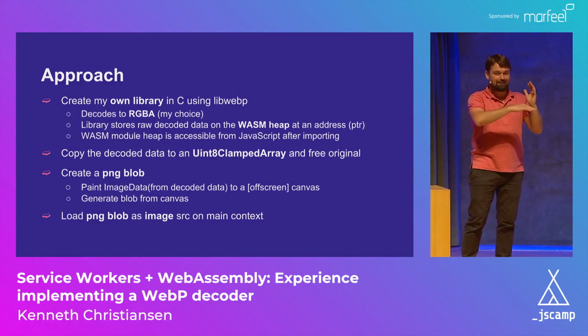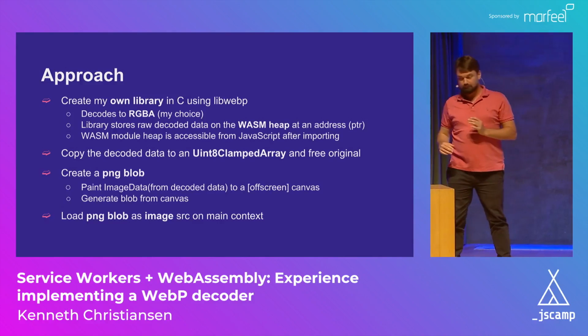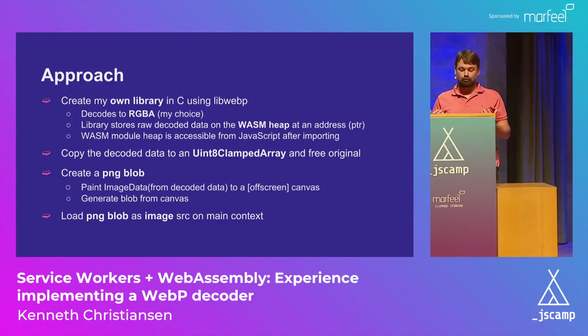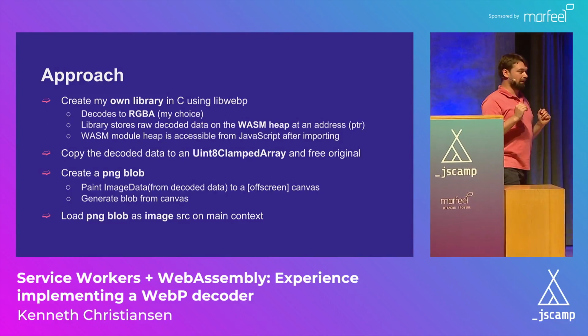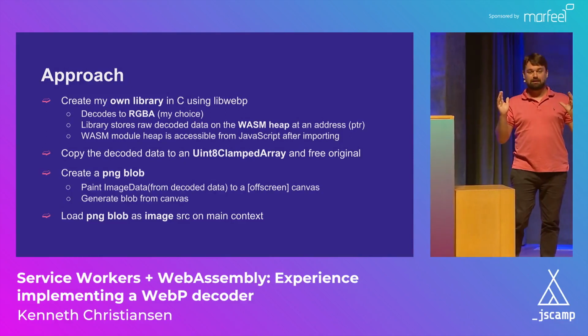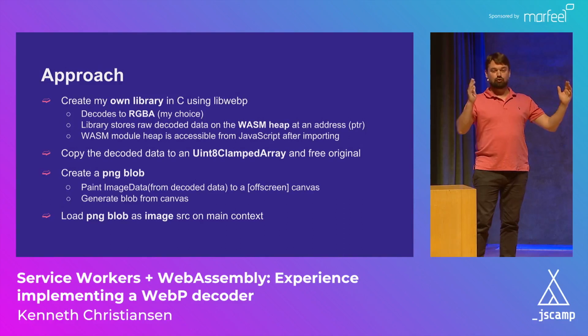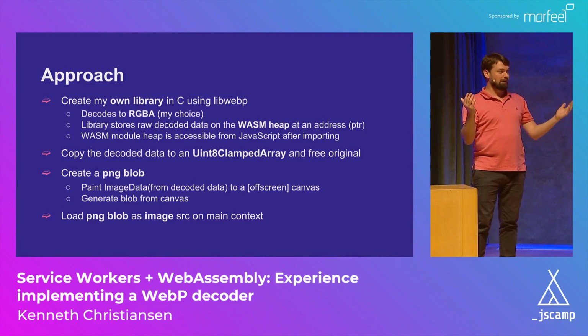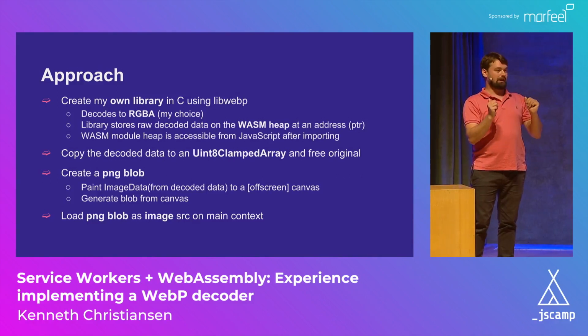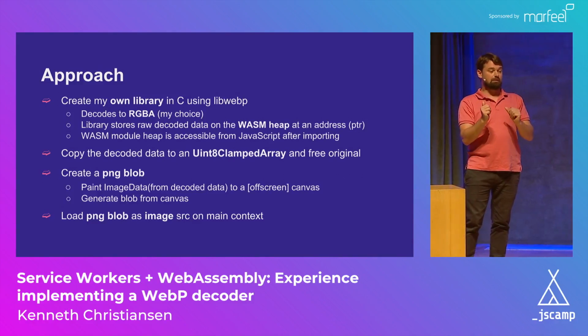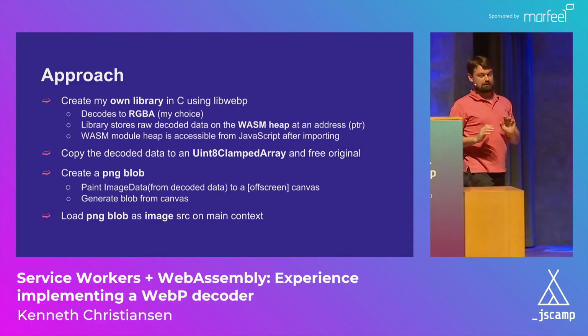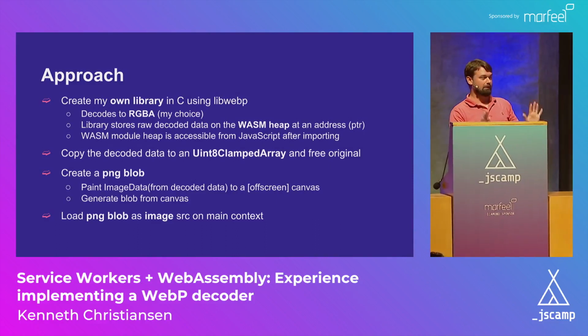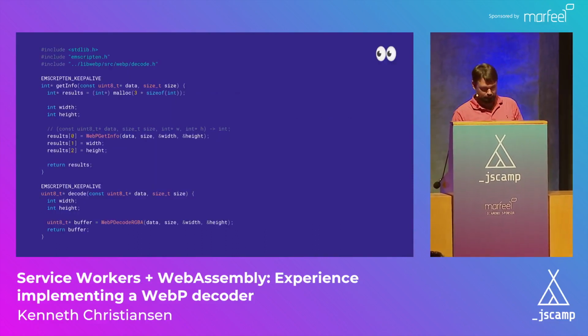And then I'll free the one that's living in WebAssembly land. From this, I'm going to generate something called ImageData, because this allows me to paint it to a canvas. And then I'm going to use an API from this OffscreenCanvas to actually get an image PNG blob. Very complicated, but I hope you can follow this.